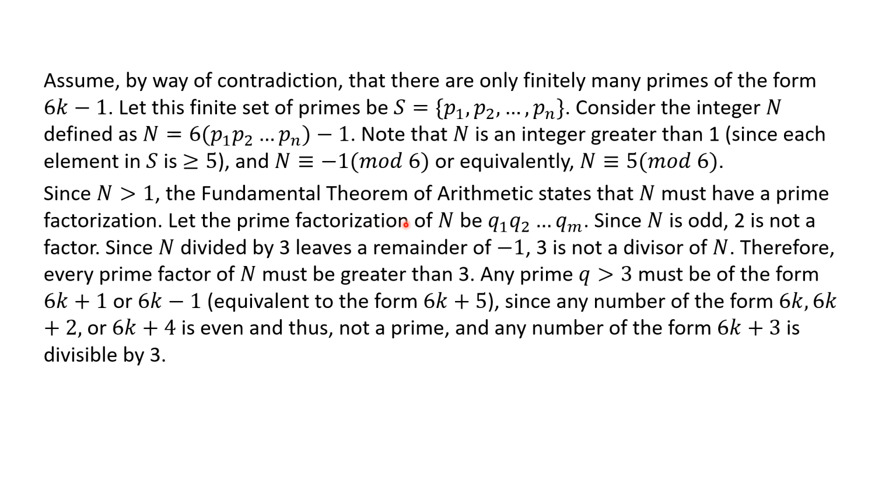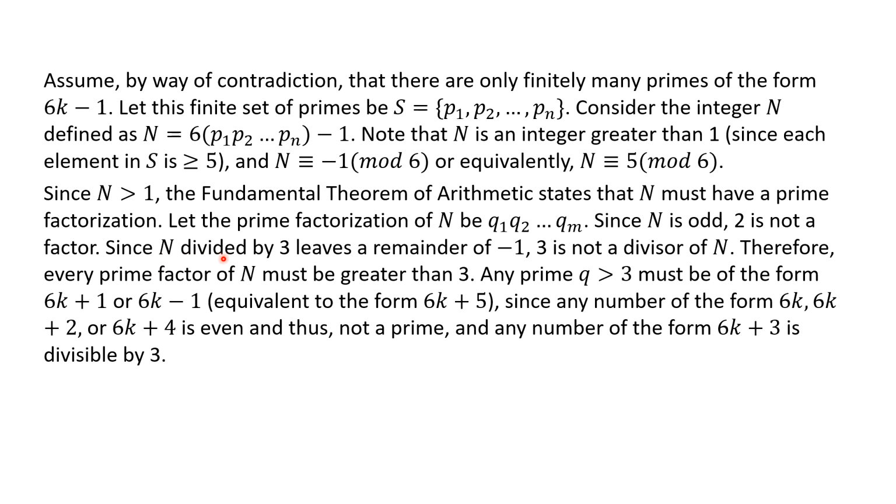Let the prime factorization of N be q1, q2 up to q sub m. Since N is odd, right, anything of this form is odd because this is even, and you subtract 1 from it and you're going to get an odd number. So since N is odd, 2 is not a factor.